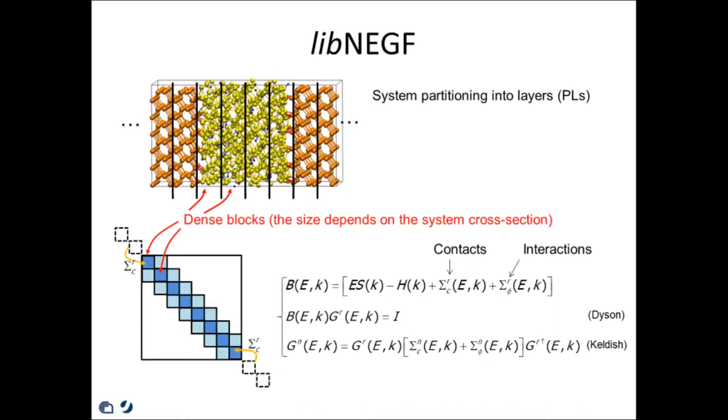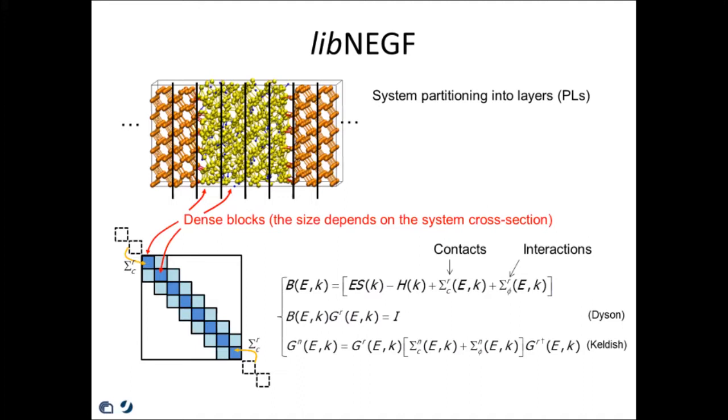Now libNEGF basically partitions the system like a wire, where we have to compute transport along this one-dimensional direction, if you want. It partitions it into layers, and the Hamiltonian looks like block tridiagonal. And these blocks are dense, typically depending on the size of the cross section of the device.